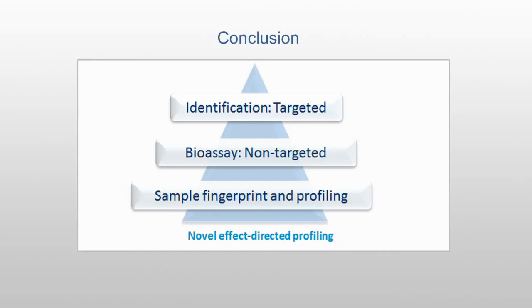In combination with a bioassay, a non-target bioactivity screening of food samples is created, of course with regard to a selected effect. As only the discovered effective compounds are further characterized by mass spectrometry, this effect-directed analysis is perfectly suited for streamlined, effect-directed profiling of many samples in parallel.